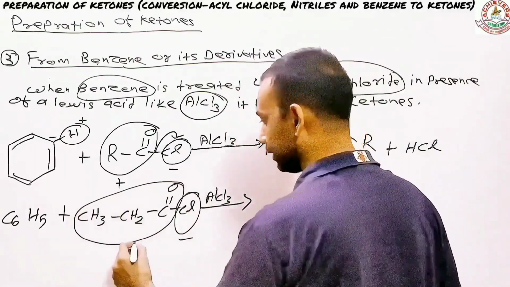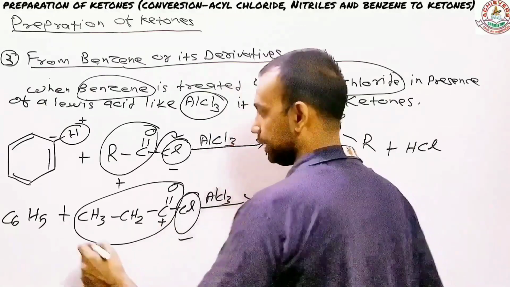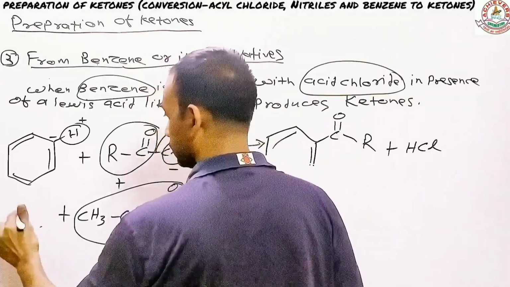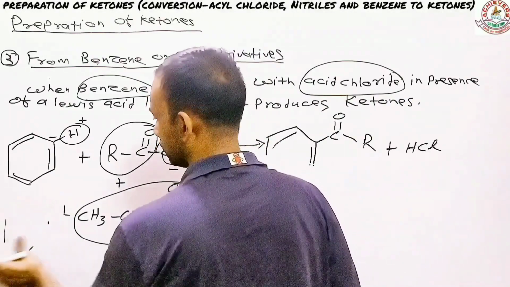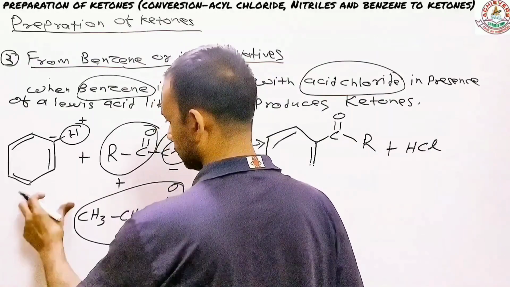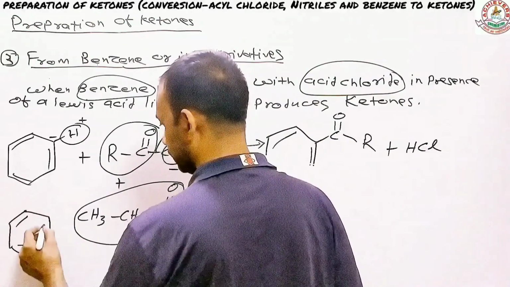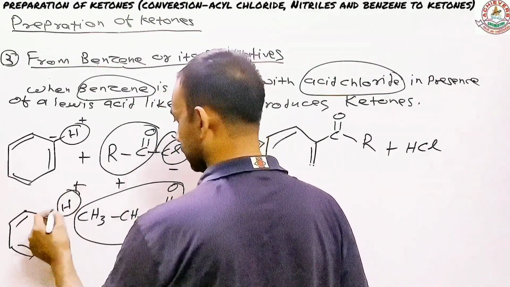Chlorine will be negative and this entire part will be positive, especially this carbon will be positive. And since you have a benzene here, let me draw the benzene also. So you have a benzene here. The hydrogen will come out as a positive and the carbon will be negative.